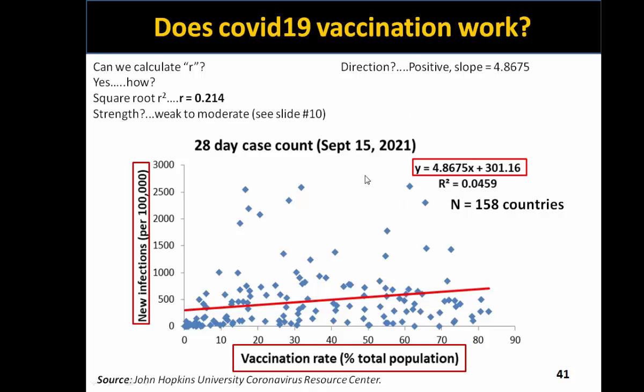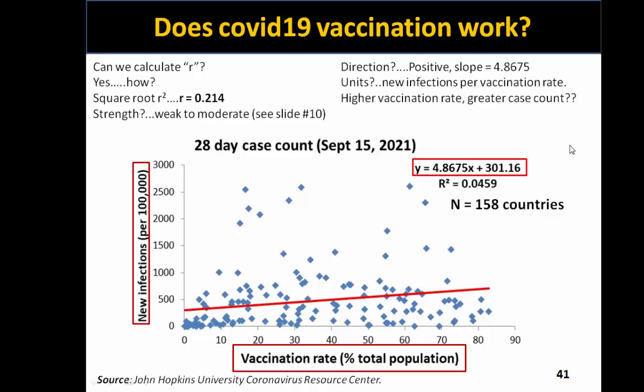Anytime we have a correlational analysis from a scatter plot, we want to note the direction. The slope here is a positive number. And being a positive number, that's going to tell us that the entire correlation is positive. And so the units here for the slope are the new infections, which is the Y variable, per vaccination rate.